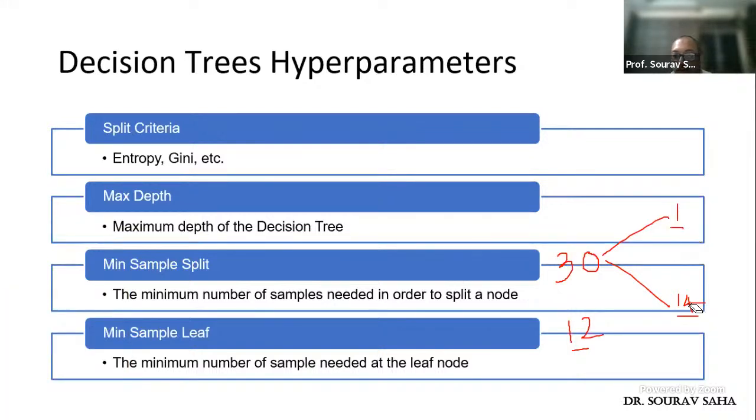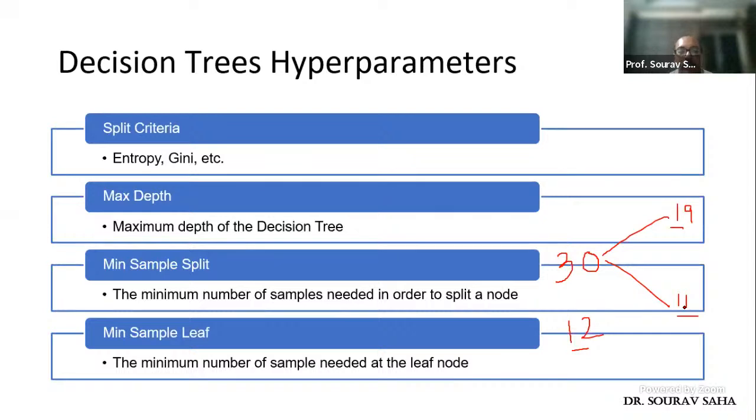But come here. Let's say after doing the split of this 30-record node, this becomes 19 and this becomes 11. Then your minimum sample leaf is violated.